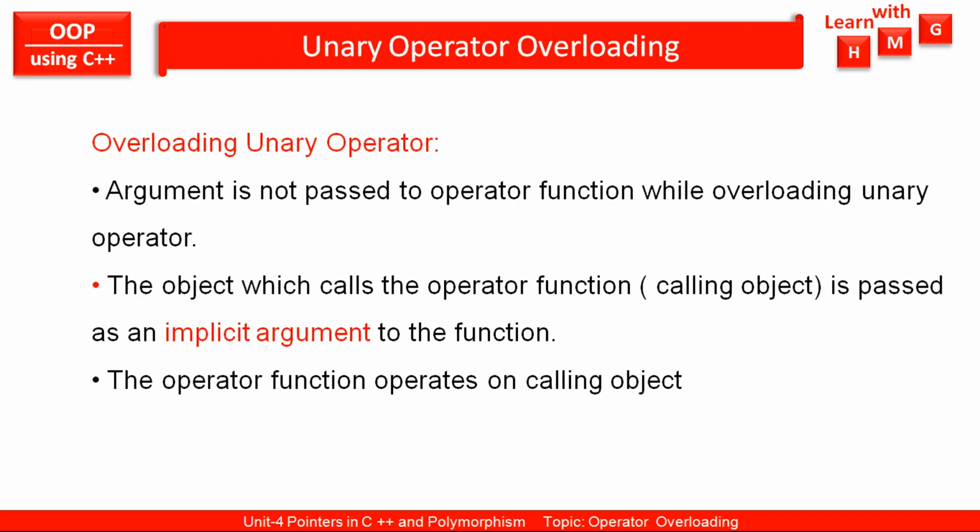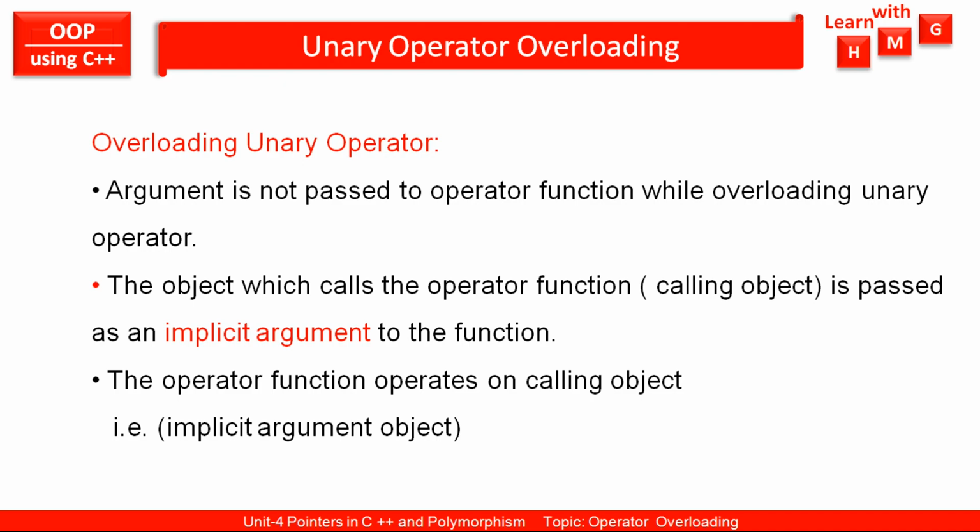Then the operator function operates on the calling object. So whichever object calls that operator function, that object is the calling object, and the operator function will operate on that calling object by default, just like any other member function operates on the calling object. Here also the operator function will operate on the calling object, that is, on the implicit argument object, which is nothing but the object calling that operator function.